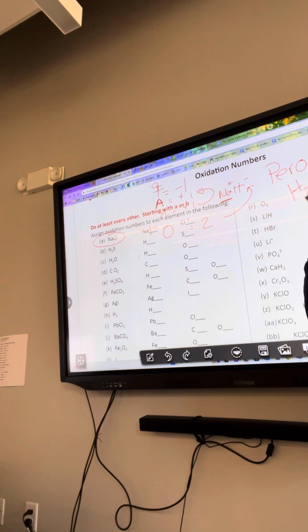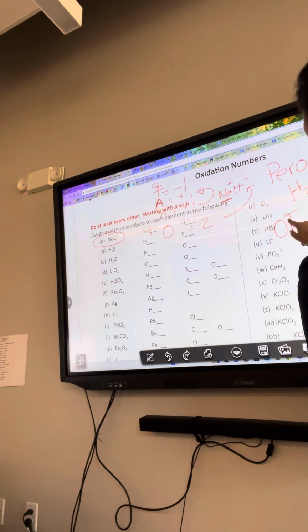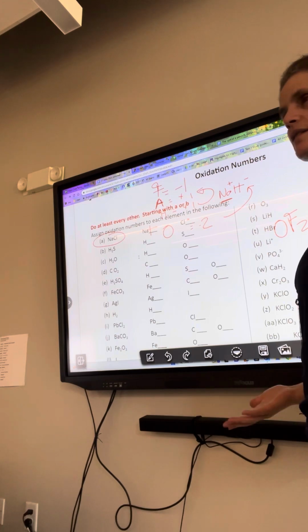What is the charge of oxygen then? -1, right? The other exception is sometimes you can have something like OF2. What is the charge of oxygen then? +2. Yes, right? How weird.